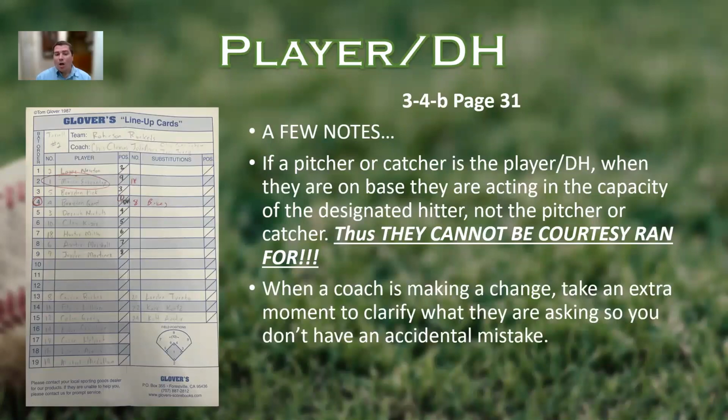Okay? Also, when a coach is making a change to the lineup in this scenario, take an extra moment to really clarify what they are asking you, so that you don't make a mistake. Say, for example, Coach Clemens comes out and makes a substitution for Gant to come out of the game. He may walk out to you and say, hey, 8 for 4.